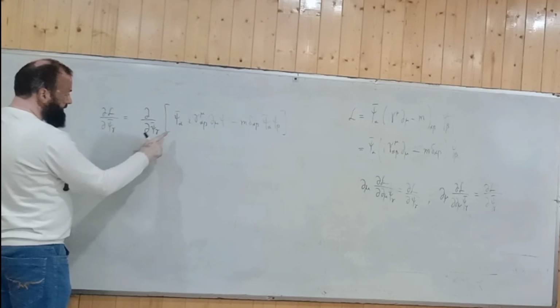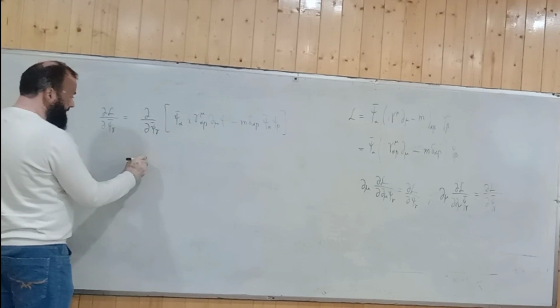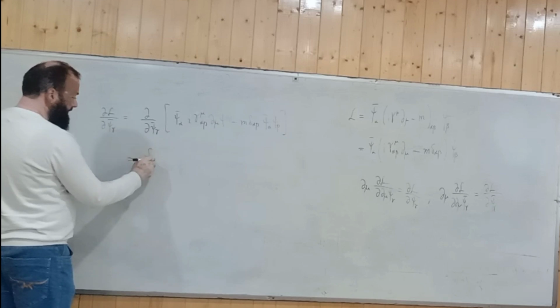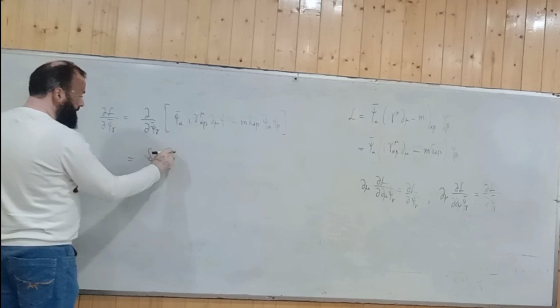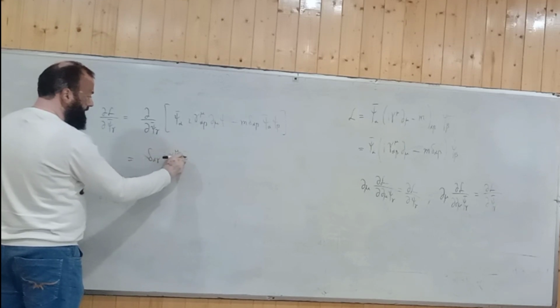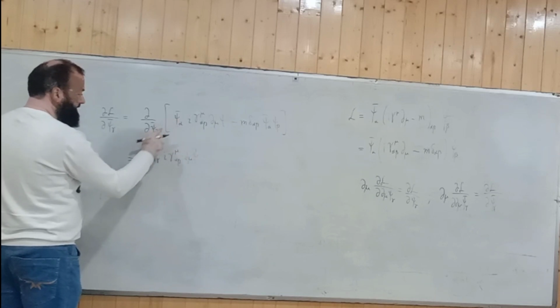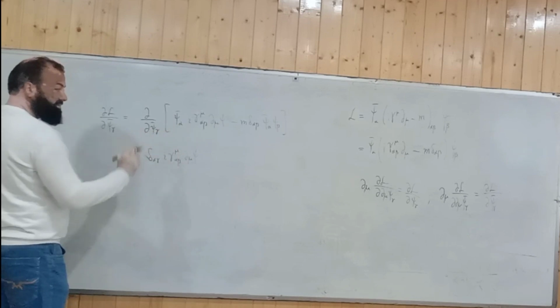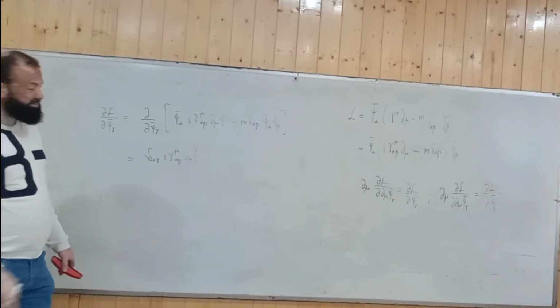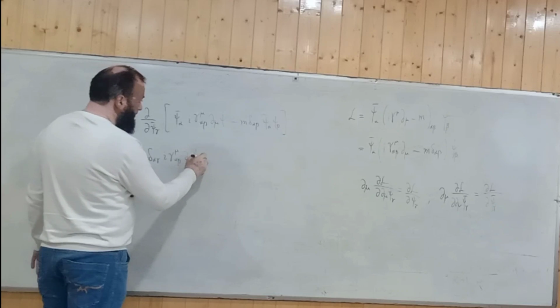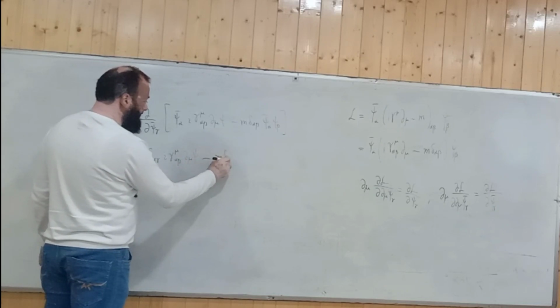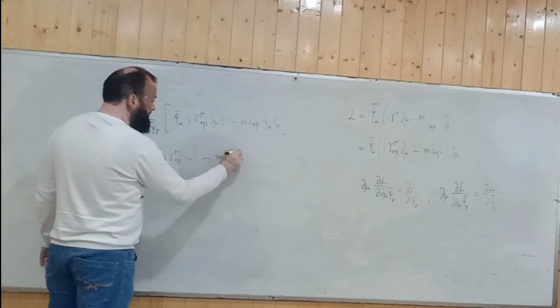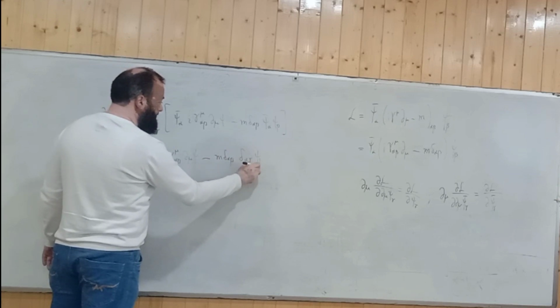So when you differentiate, it will be simply delta alpha gamma i gamma mu alpha beta partial mu psi. A differentiation of this thing: when alpha is equal to gamma, it is non-zero; when alpha is not equal to gamma, it is zero. Simply psi bar, that's one. Minus m delta alpha beta psi bar, so it is delta alpha gamma psi beta.